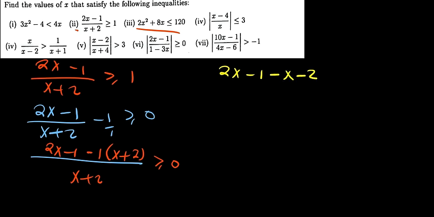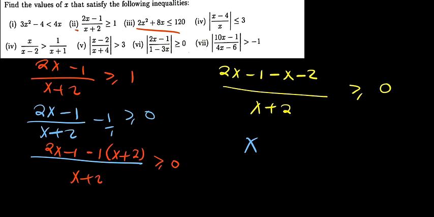I'm just distributing this negative to everything I have inside. So here I'll have x plus 2. Then less than or equal to 0, not 1, because we don't have 1 here. The top part I can simplify and say 2x, and that one I'll get x.